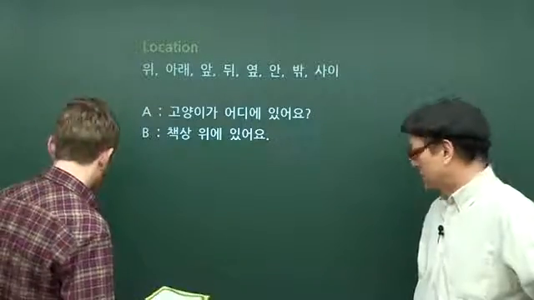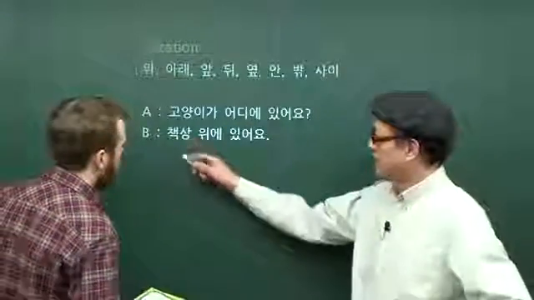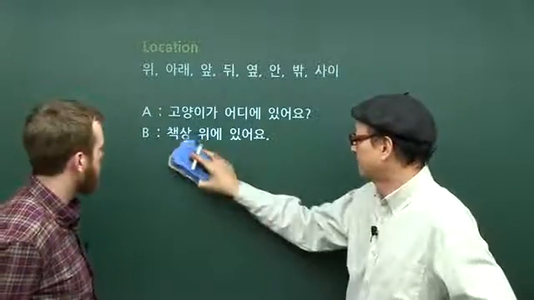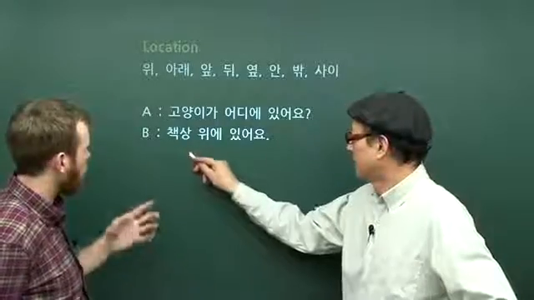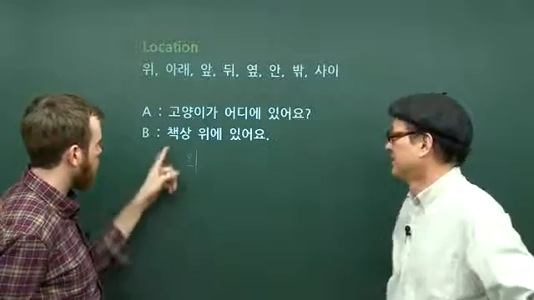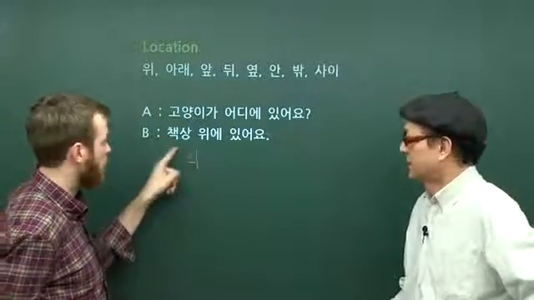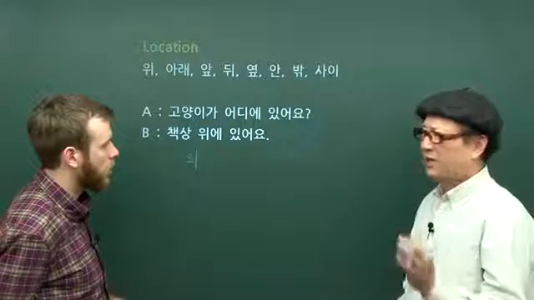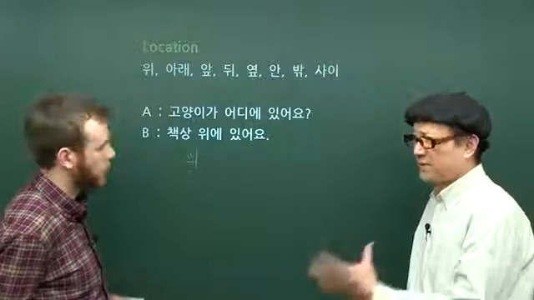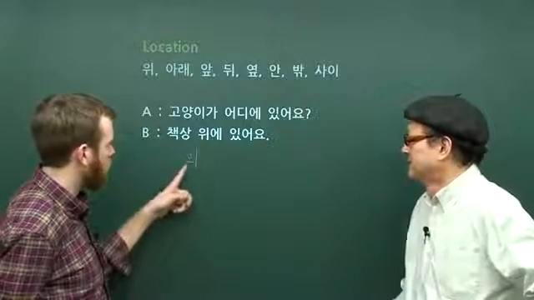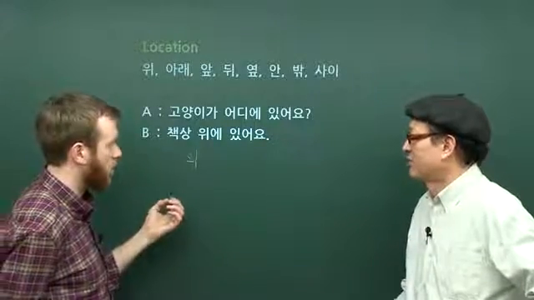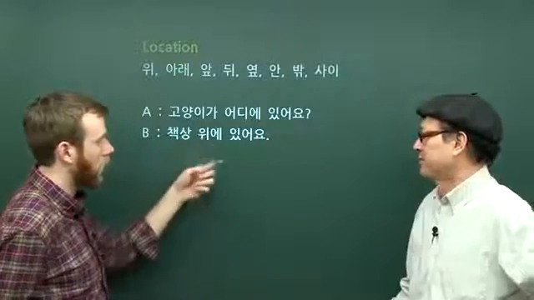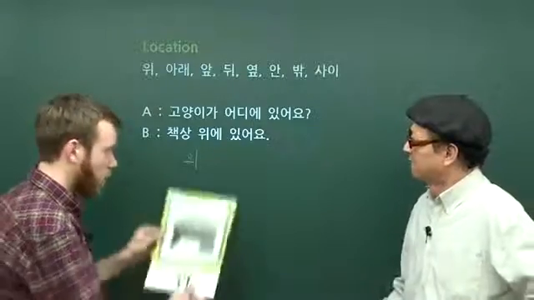Kind of like a possessive, 책상의 or 책상에. 책상에 위에. Like you say, on the desk, 책상 위에 있어요. Okay, so that's our first case actually.